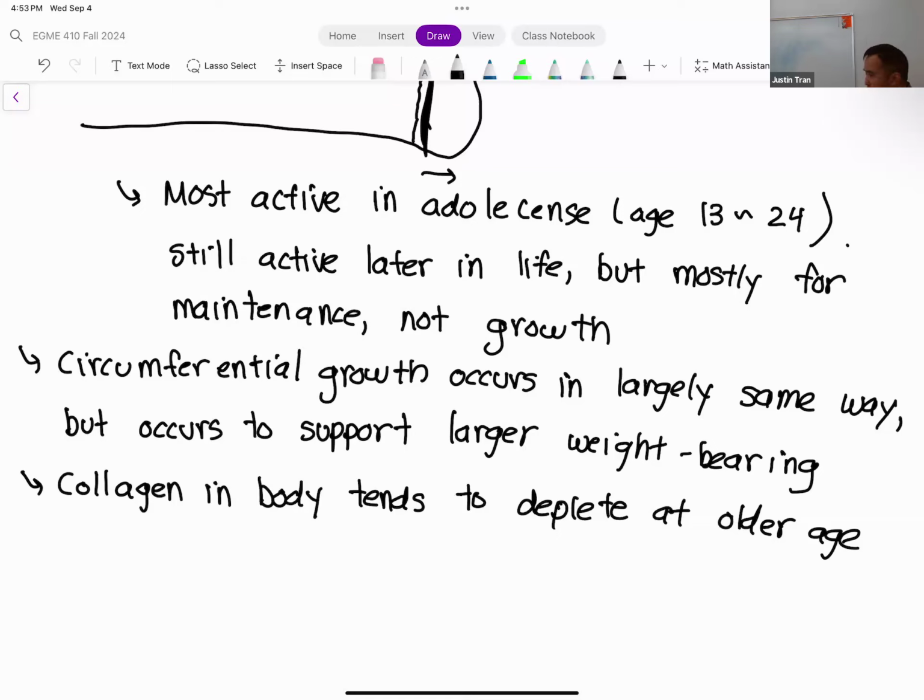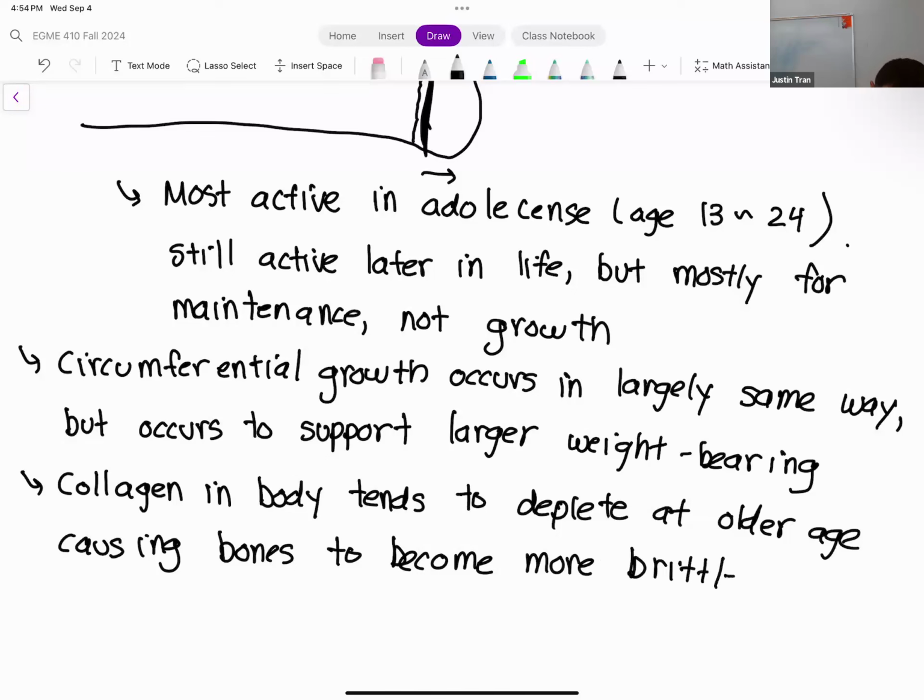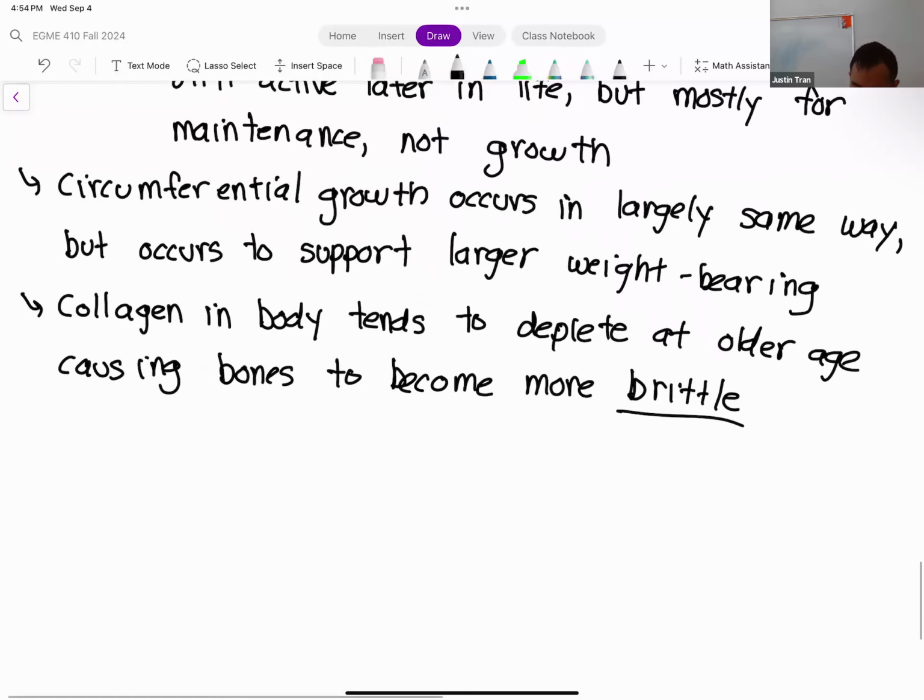But for bones, the main consequence of your collagen depleting is that your bones become a lot more brittle. And so they lose a lot of the flexibility and elasticity that they had in your younger years, right? That's why you typically see that fractures, especially stress fractures, are a lot more common in older people, just because they have a lot less flexibility. And so, it takes a lot less to get a fracture in an older person typically. Okay.